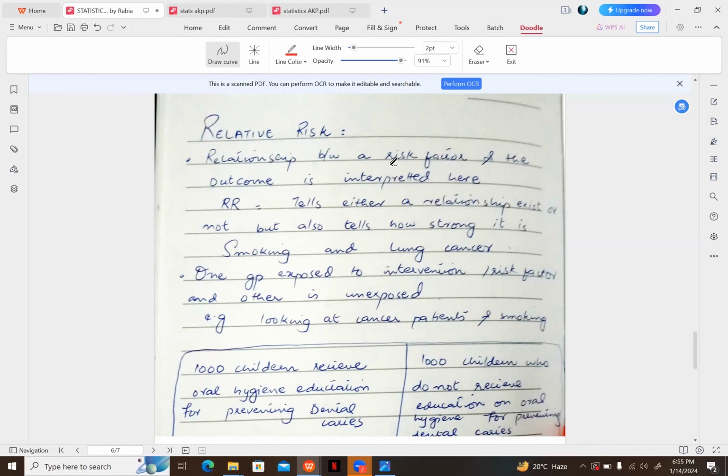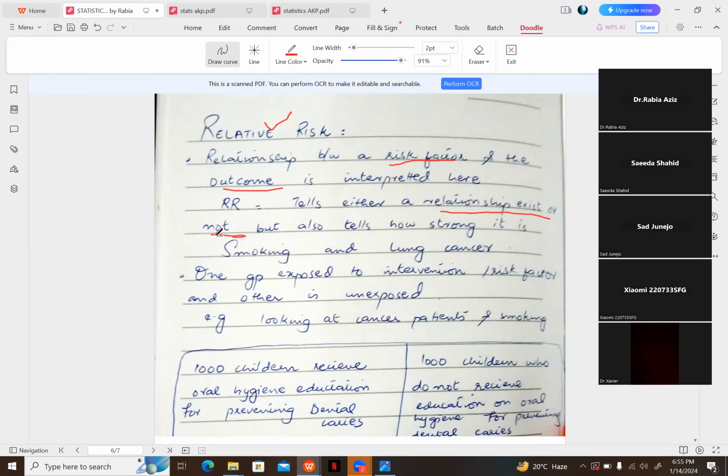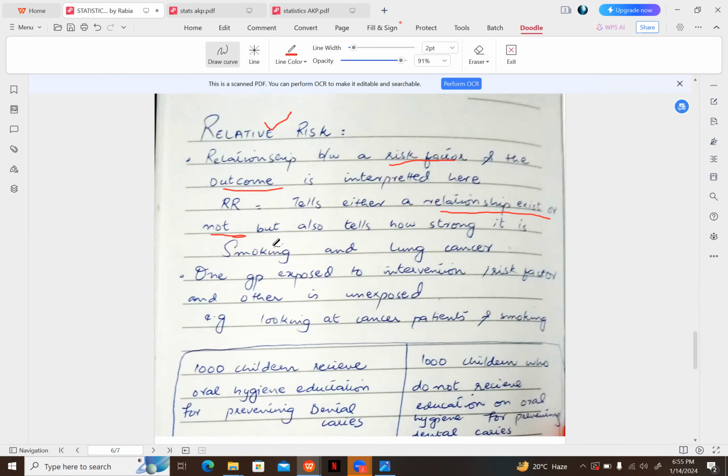So the relationship between a risk factor and the outcome is interpreted in terms of the relative risk. It tells either a relationship exists or does not exist. And it also gives you more information. This parameter is very important. It not only tells you that there is a relationship between this risk factor and outcome, but also tells you how strong it is.